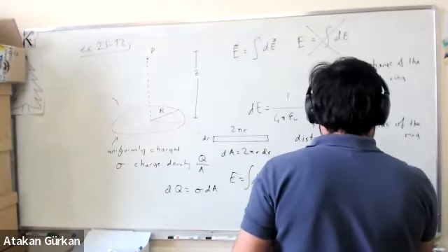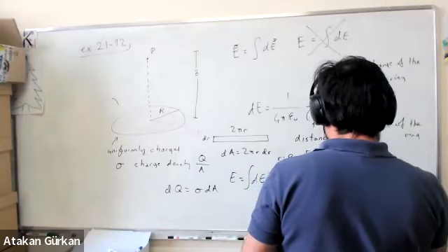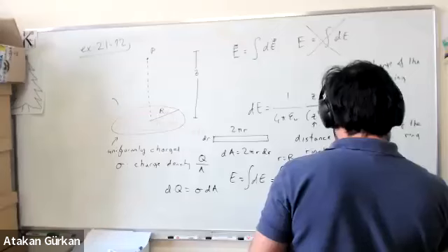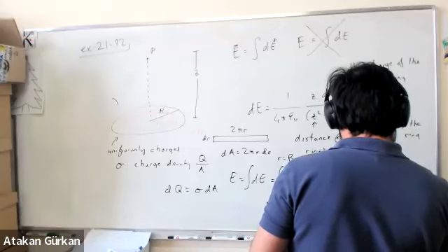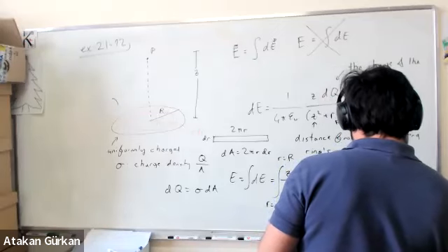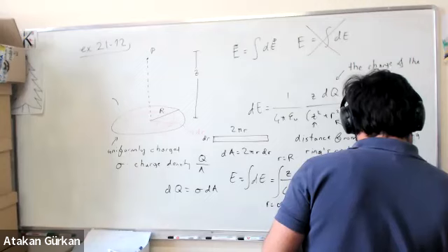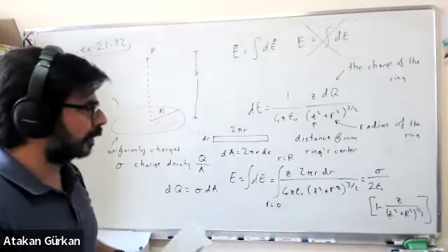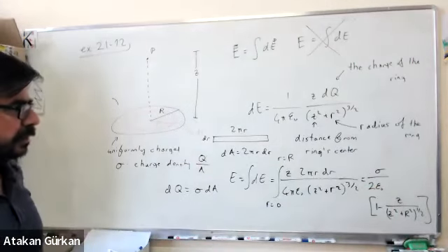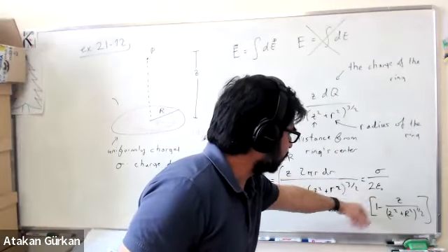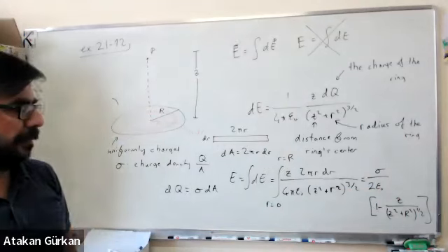And the answer is going to be sigma over 2 epsilon naught times 1 minus z over the square root of z squared plus R squared. Okay. So if you can't read, don't worry about it. It's already in the book. So there's this sigma over 2 epsilon naught and this 1 minus z over something.